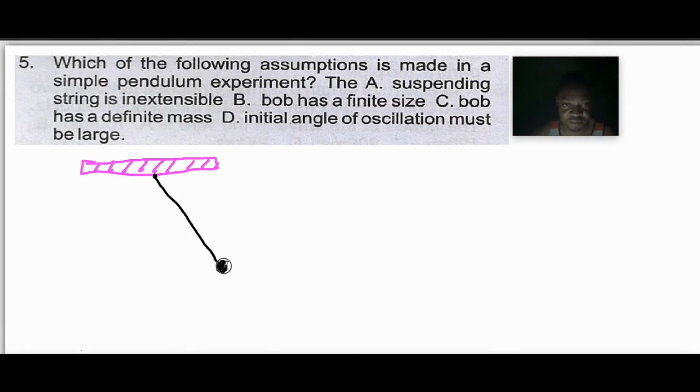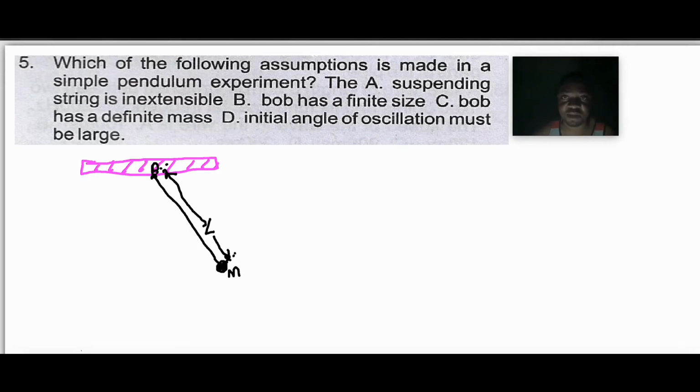Let's call this M. From a pivot, let's call this P. With a length that is from here up to the middle of the mass of the pendulum bob. This is the length.